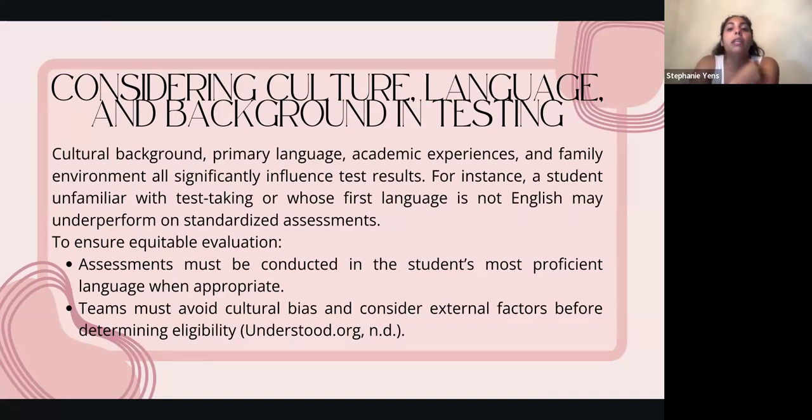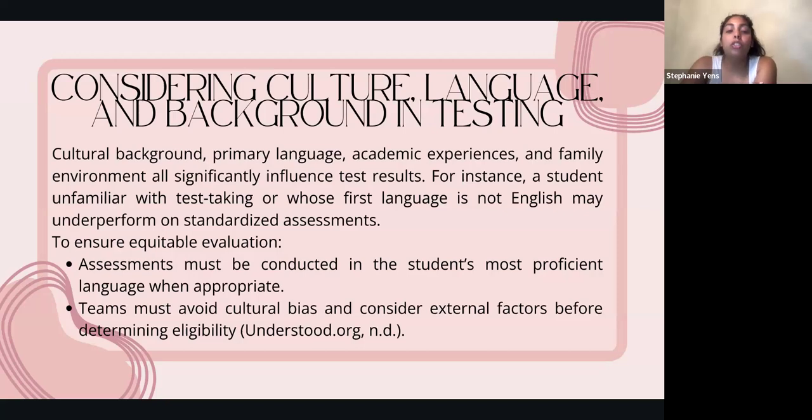Considering culture and language and background in testing. So cultural background, primary language, academic experience, and family environment all significantly influence test results. For instance, a student who is unfamiliar with test taking or whose first language is not English may underperform on standardized assessments. So if a student doesn't have any experience in taking a test, or a test in that method, they will have trouble performing.